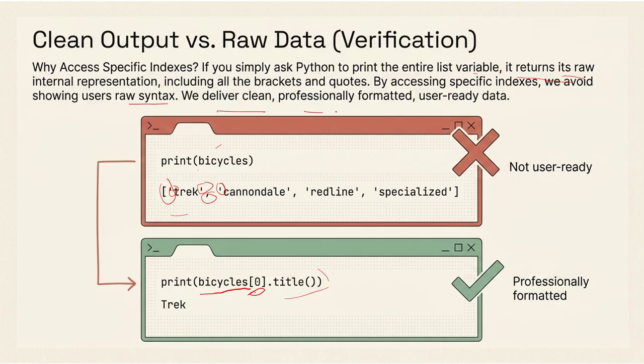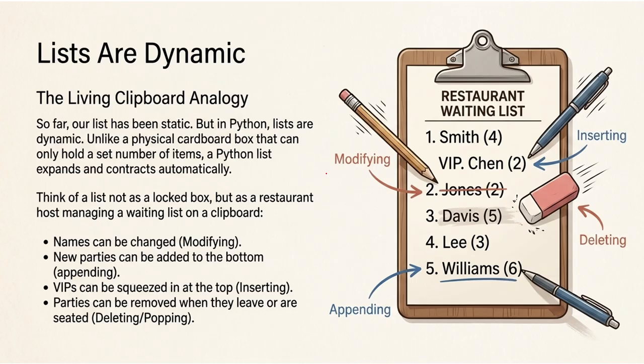We deliver clean, professional, and formatted user data. Once you have started using index, then you can just show one particular item within that collection. So that's what they have mentioned over here. Now let's move on to the next slide.